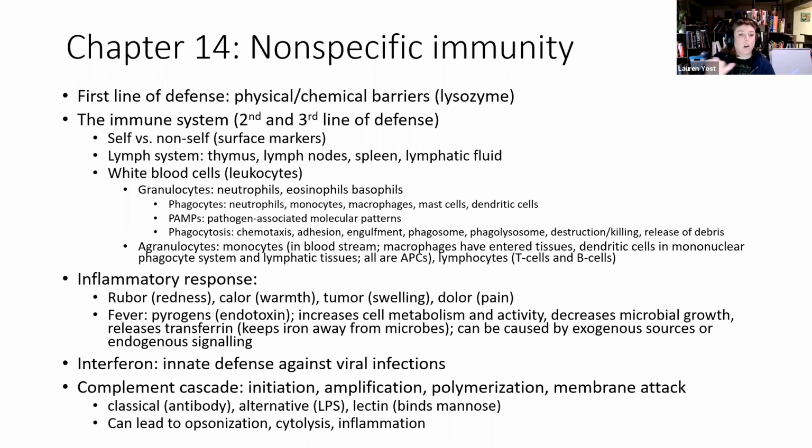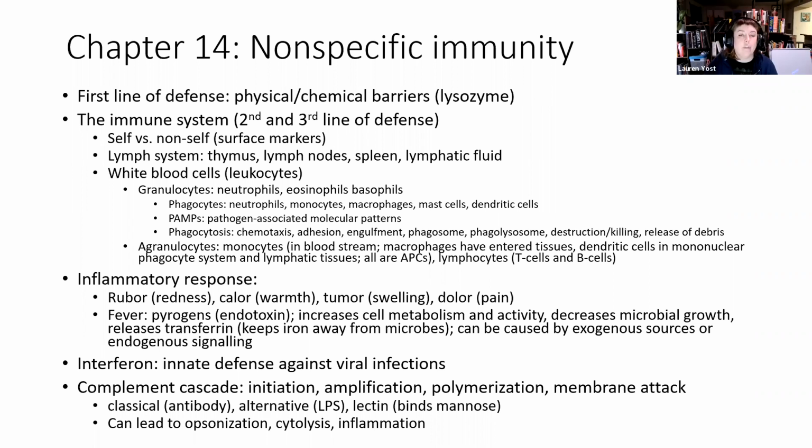All right, then we talk about the white blood cells for our immune knowledge. These are all called altogether leukocytes. Then we break that down to the granulocytes and the agranulocytes. So the granulocytes include anything with 'phil': neutrophil, eosinophil, basophil. So that's those, right?